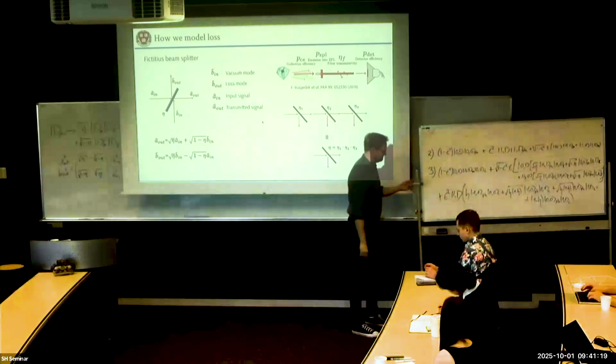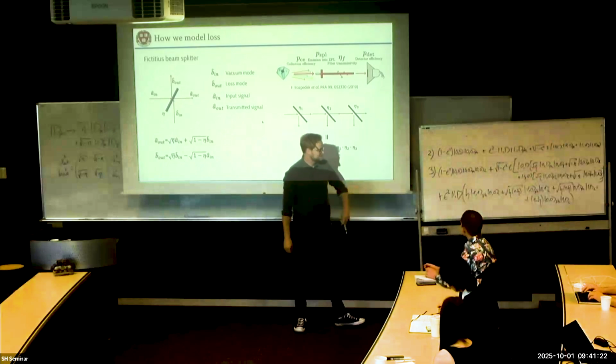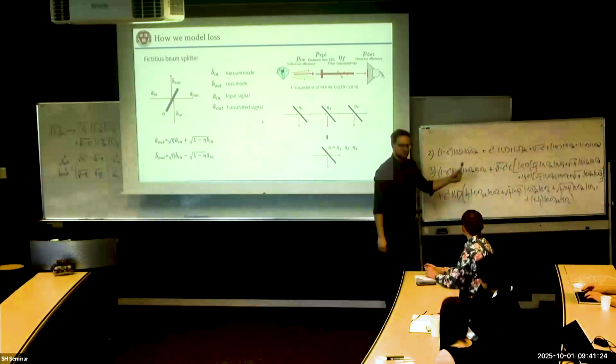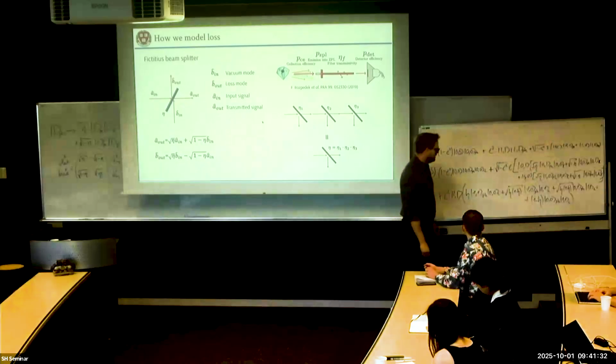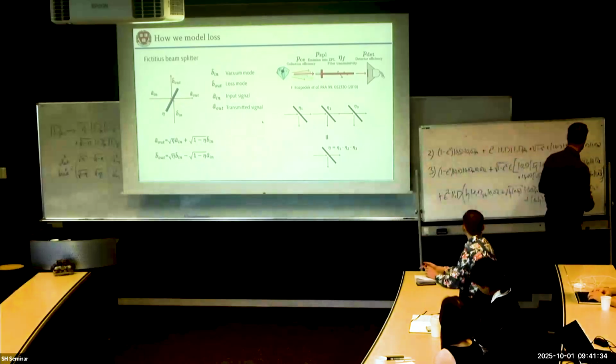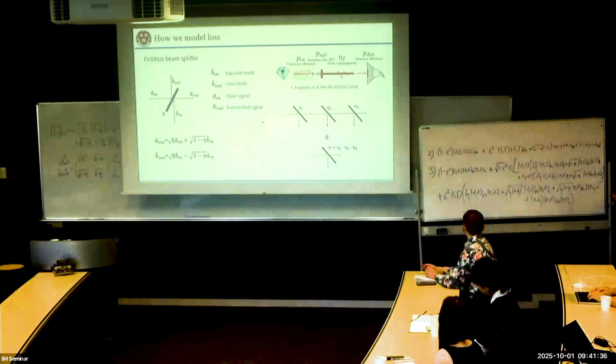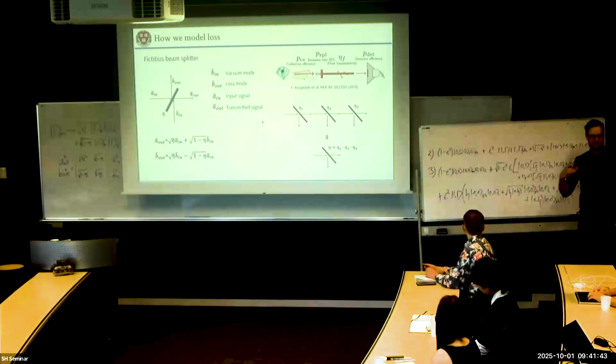So I basically argued now that I don't care about the loss modes, which means that I'm going to trace over them, meaning trace out the environment, not assuming that I have any information about what went on there. If I do that, we should notice two things. We will have coherence between modes that are the same in the loss space, right?